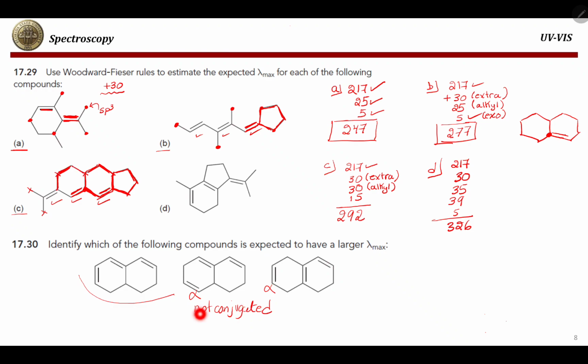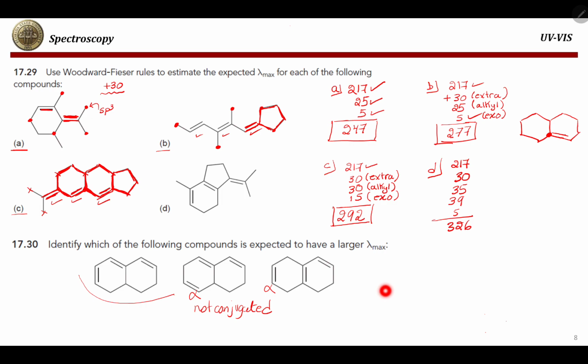And then one more here: this is another cycle, and this is a double bond outside it. So we have 3 exocyclic double bonds, 3 times 5, that's 15. And we don't have any homoannular diene because we don't have two double bonds within the same cycle. So again, C is done.